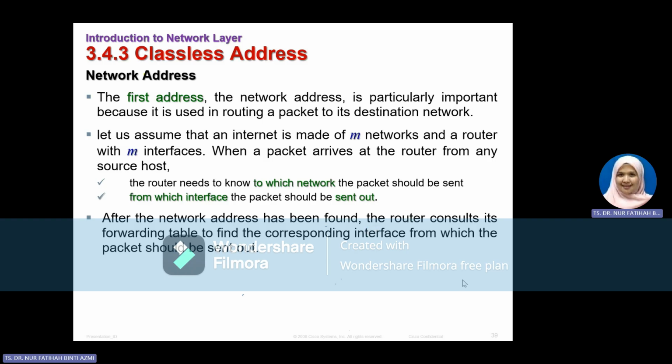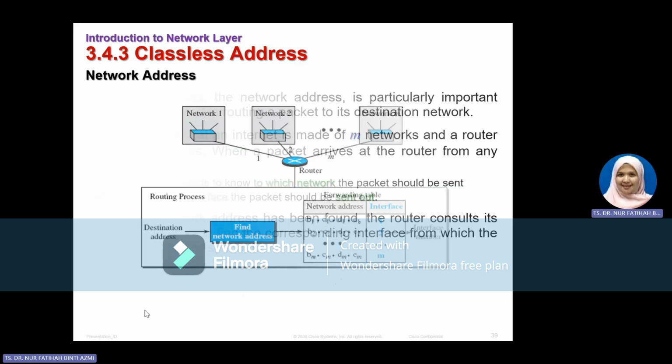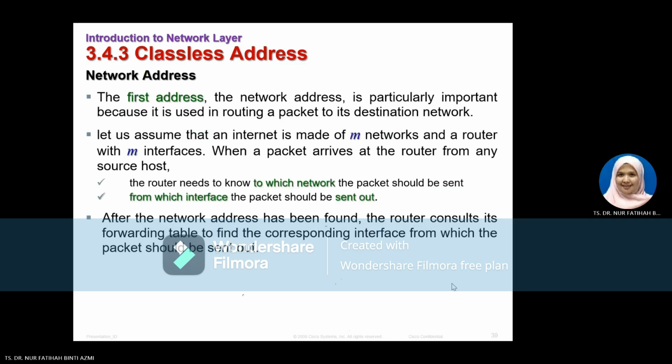Let's say for simplicity there are M networks. When a data packet travels from a source computer to a destination computer on a different network, it will definitely go through routers. Kita tengok gambar ni sebelah. Dia akan lalu router, each one connected to one of the M networks.